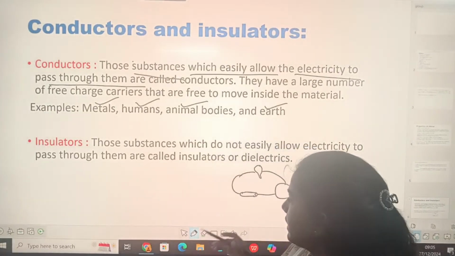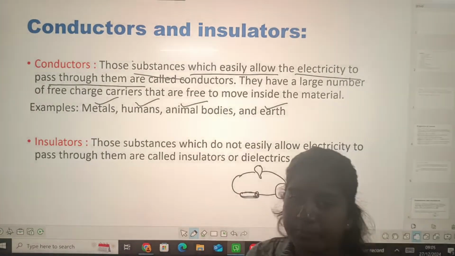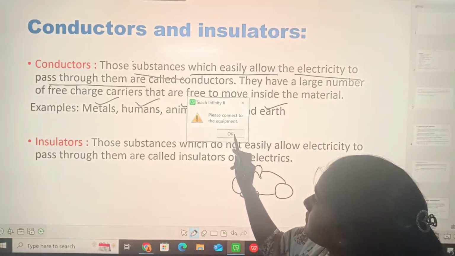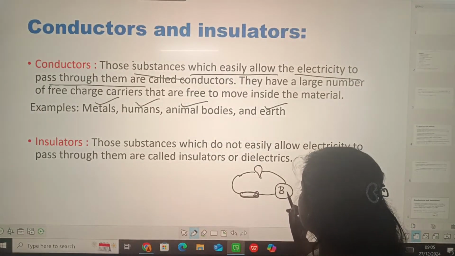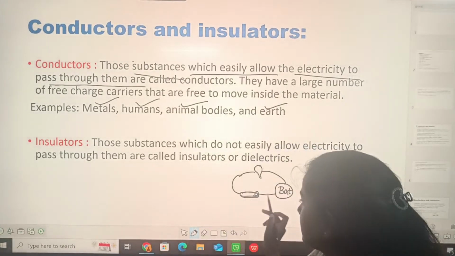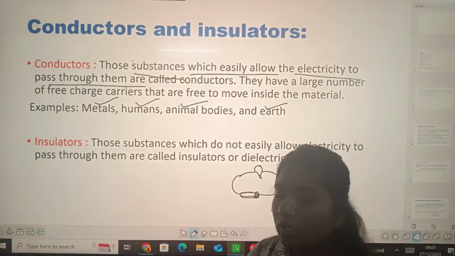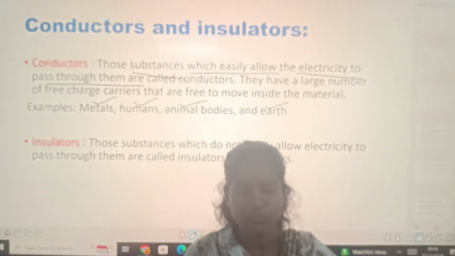See, let us take one example. I have taken here a pin, it is a type of metal. It is a battery, connected to a bulb. Then I start the electricity, I switch on the bulb.